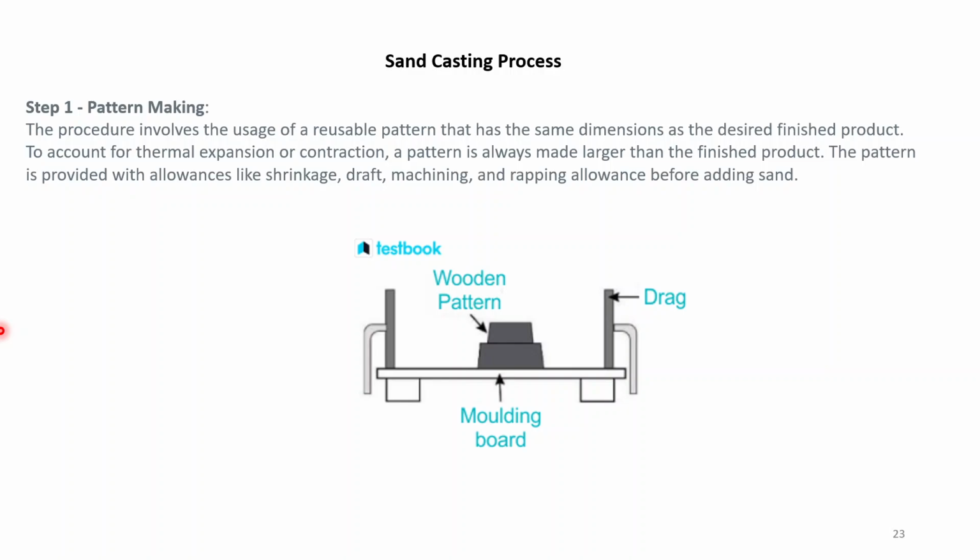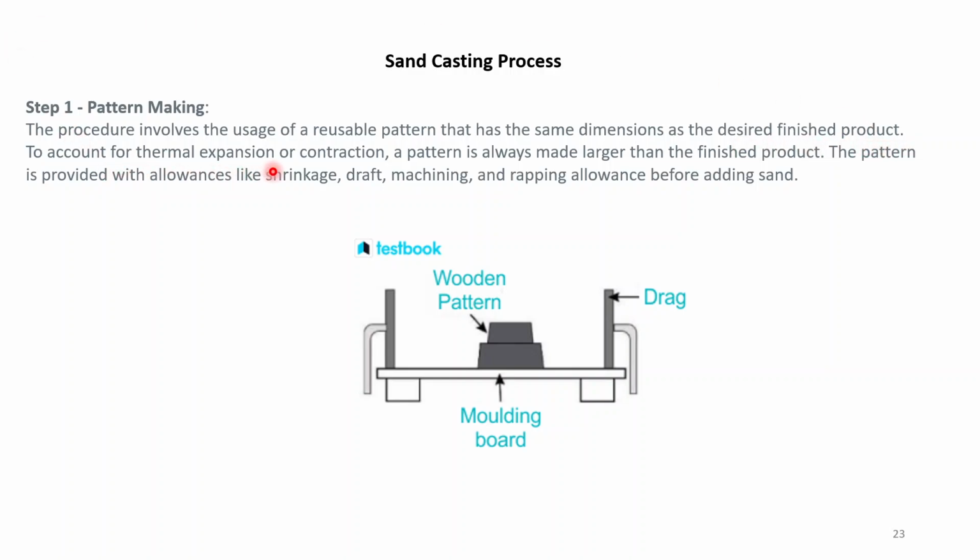Now, the sand casting process. There are various steps related to this. In the first step you have pattern making. Before starting to make your mold, you have to make the pattern first. This procedure involves the usage of a reusable pattern which has the same dimensions as the desired finished product.